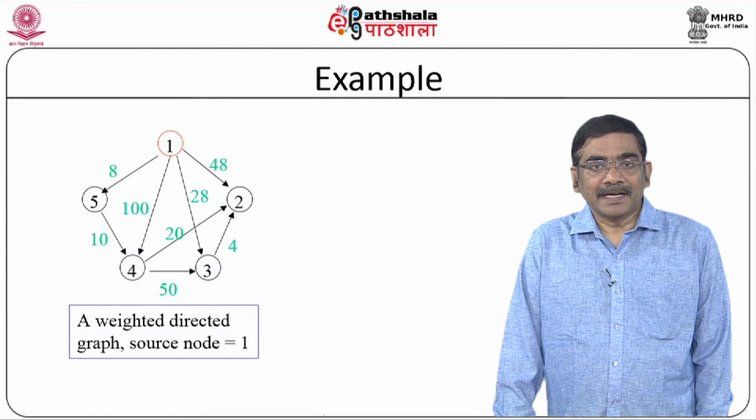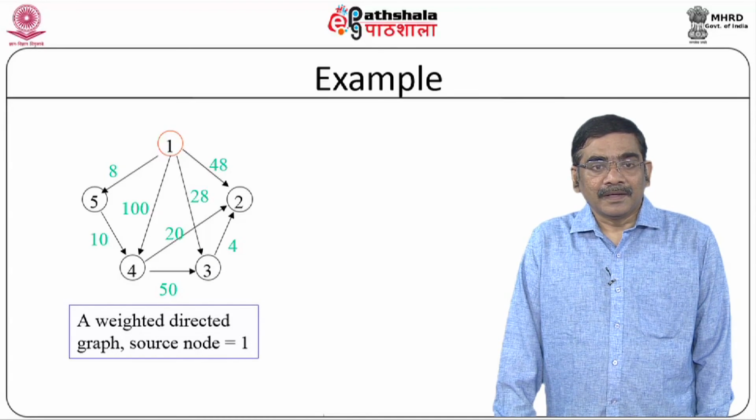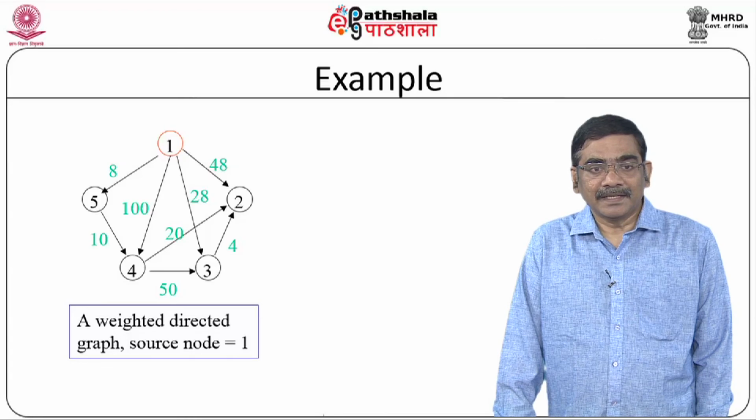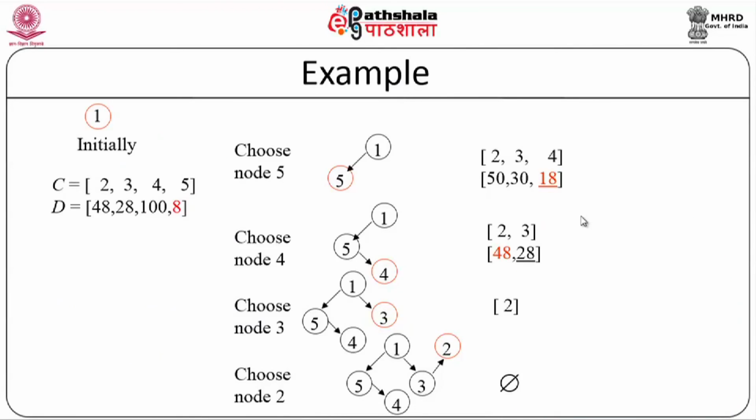Fine, we will take one simple problem. This is the graph that is given. You can see that this is a directed graph with 5 nodes, and you have connectivity with the weights shown there. Initially I am choosing node 1.